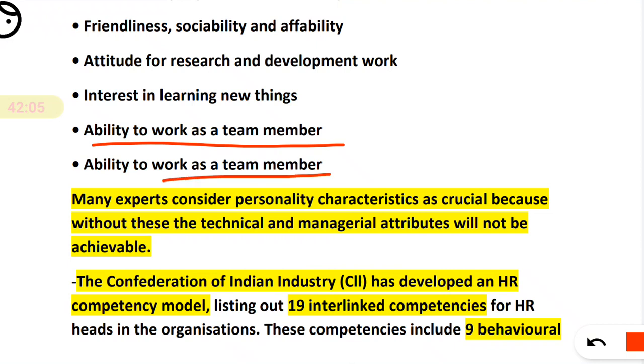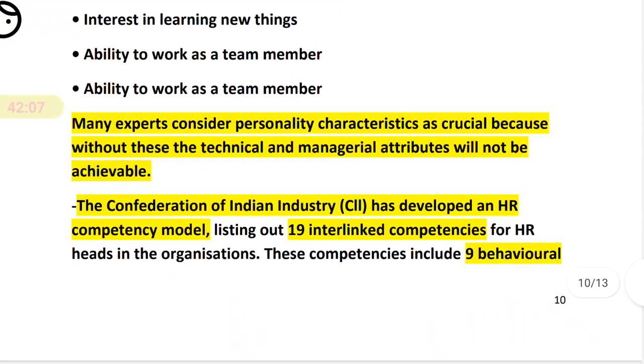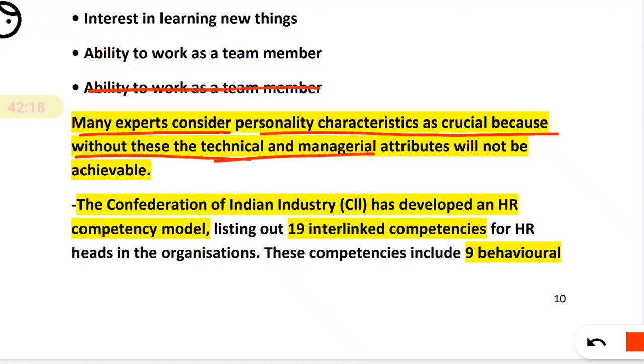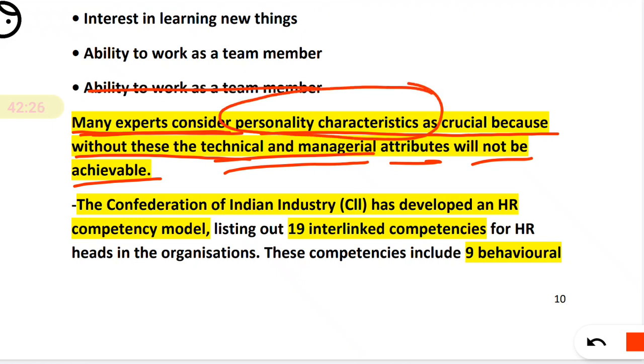Next, many experts consider personality characteristics as crucial, because without these the technical and managerial attributes will not be achievable. According to the experts, without personality characteristics, the technical and managerial attributes will not be achievable.